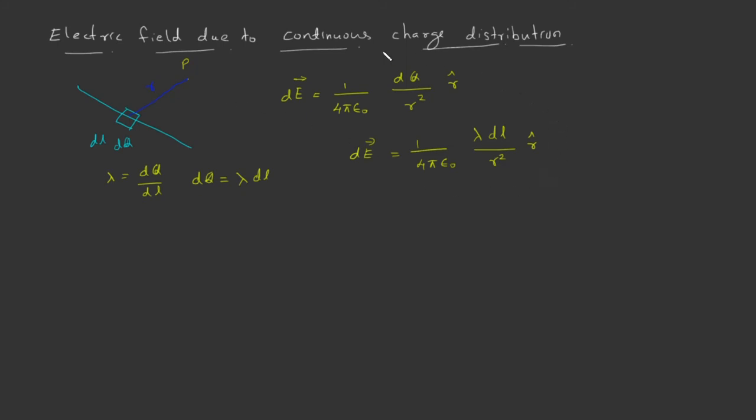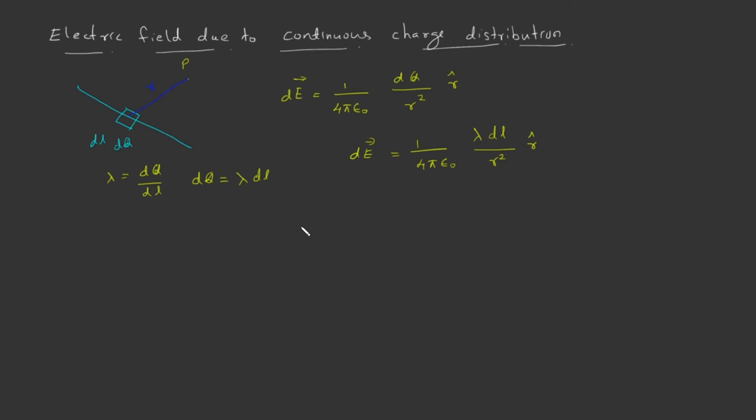So by integrating this equation under proper limits, we get the electric field at point P due to the whole line, or this linear charge distribution.